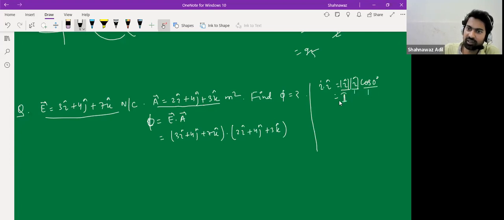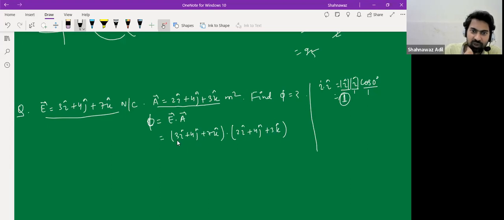So i dot i is 1, right? I have talked about this dot product, right? Aisha, did I talk about this dot product? In the vector part, I talked about these, right? Yes, sir. So i dot i would be 1, i dot j would be 0, i dot k would be 0.